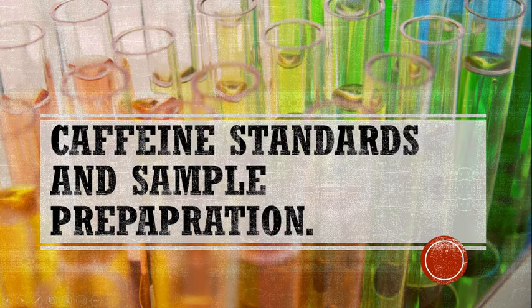Hi, my name is Albert, and I'll be talking about sample preparation, caffeine standards preparation, and the preparation of mobile phase to determine the caffeine content in 5 selected beverages on the Agilent 1260 Infinity HPLC machine.